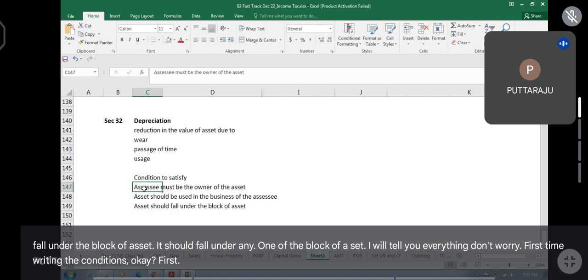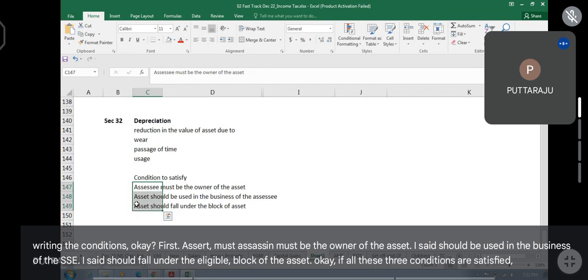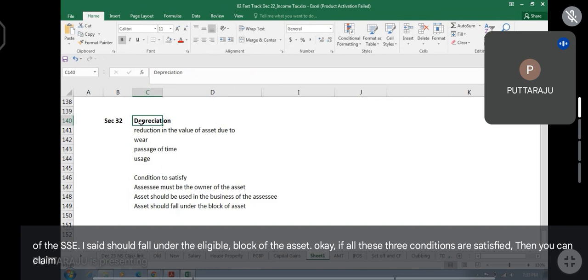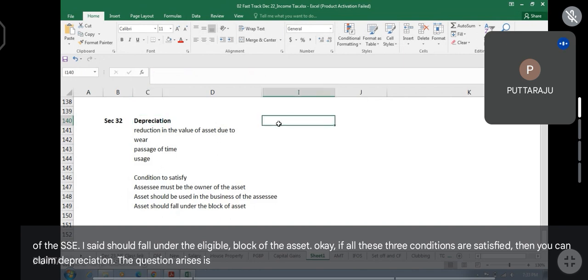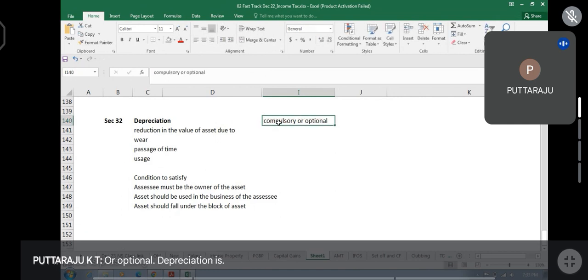First, the assessee must be the owner of the asset. The asset should be used in the business of the assessee. The asset should fall under the eligible block of the asset. If all these three conditions are satisfied, then you can claim depreciation. The question arises, is depreciation compulsory or optional? Depreciation is compulsory.